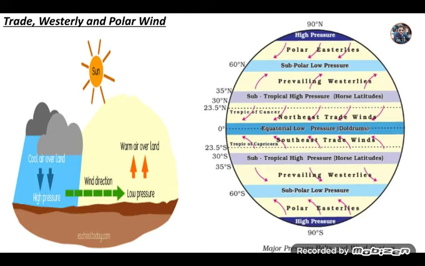This wind brings rainfall in India and its neighboring countries.